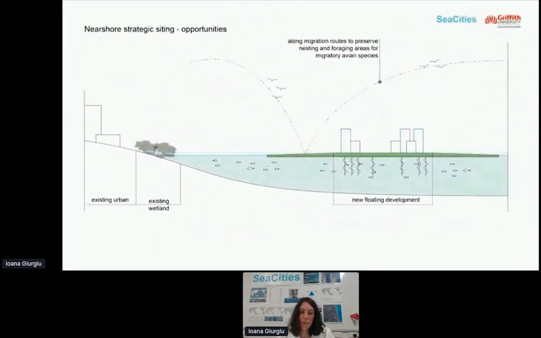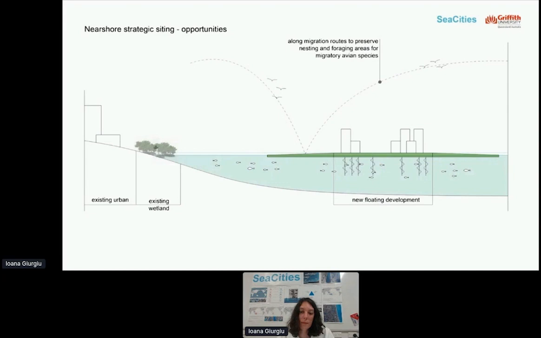Firstly, strategic siting at the intersection of human and animal migratory paths between, for example, global migratory bird flyways and locations where human populations are displaced due to climate change could provide various benefits for both urban and ecosystems.